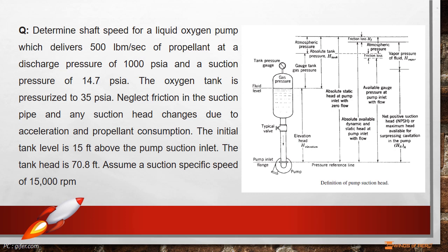The initial tank level is 15 feet above the pump suction inlet. The tank head is 70.8 feet. Assume a suction specific speed of 15,000.